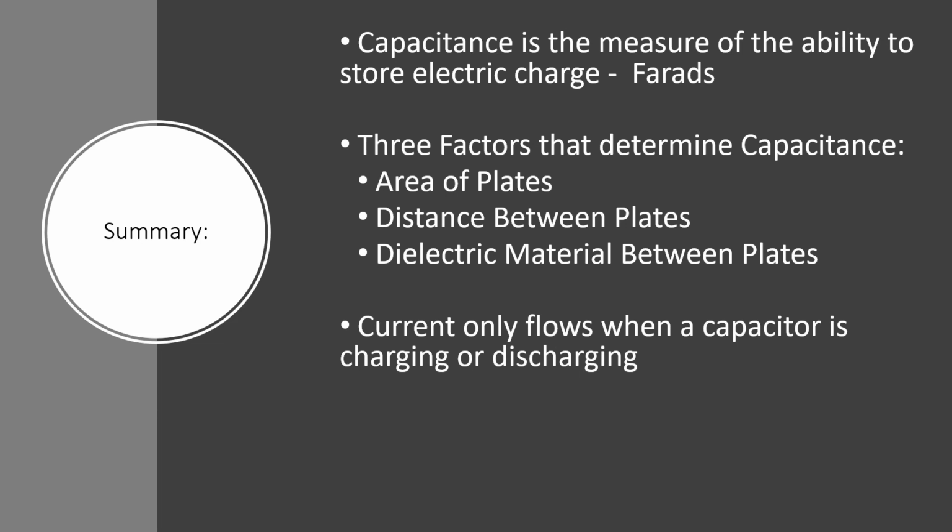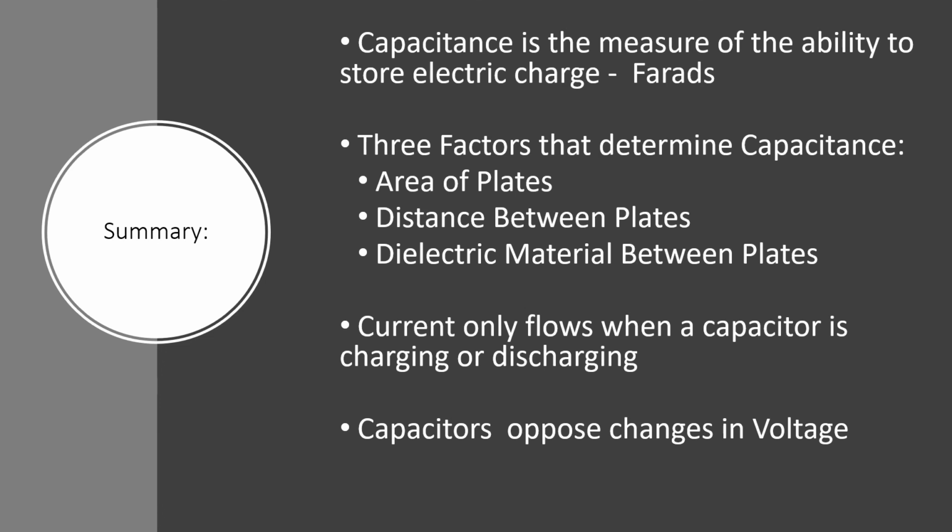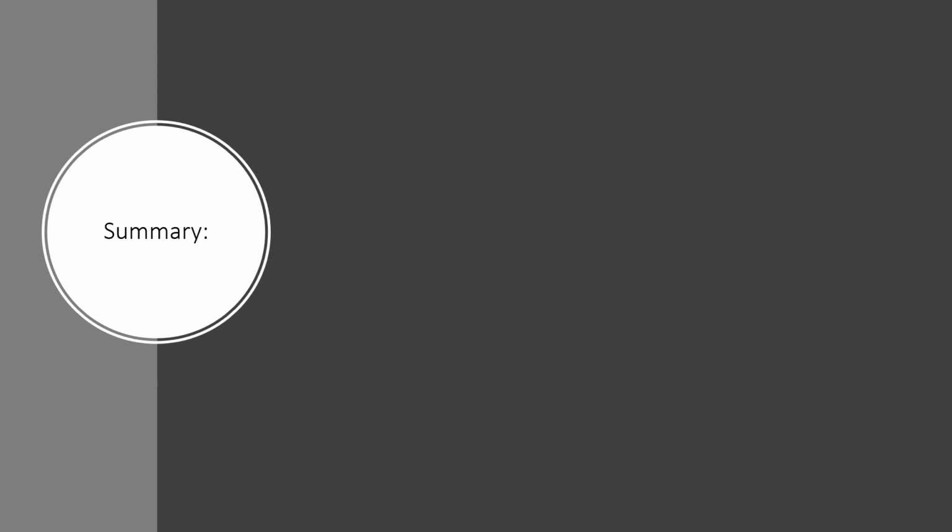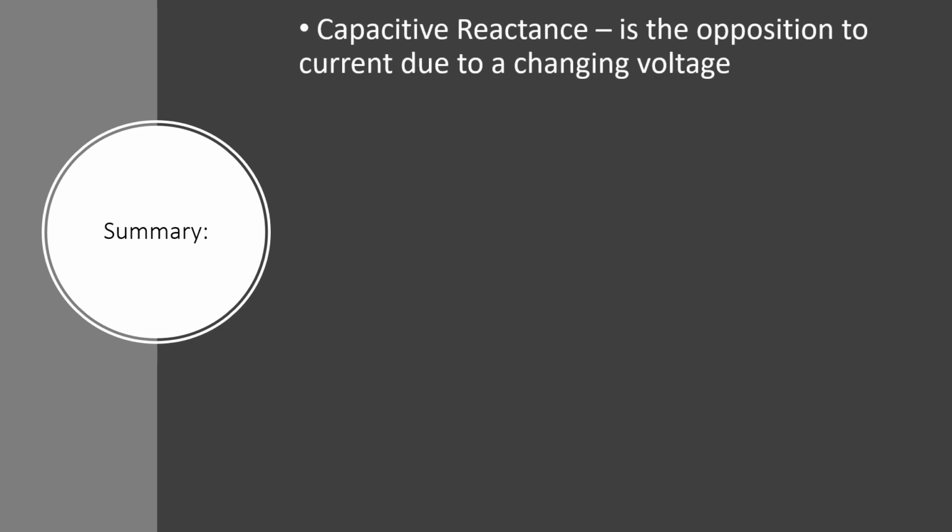Current only flows when a capacitor is charging or discharging. And since capacitors store electric charge, or voltage, they oppose any changes in voltage. Capacitive reactance is the opposition to current due to a changing voltage. We can calculate capacitive reactance by using our capacitive reactance formula.